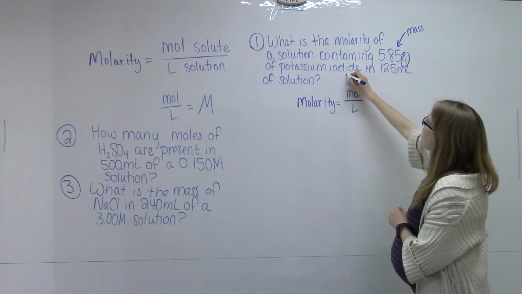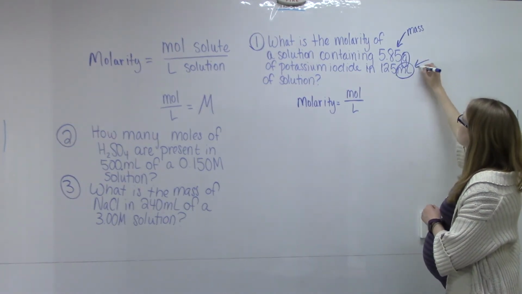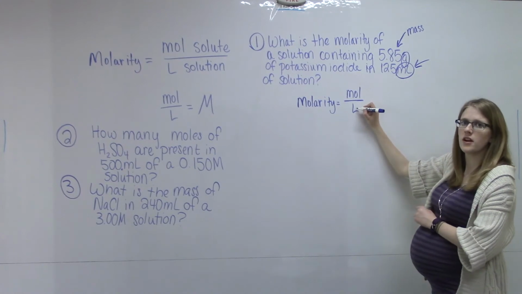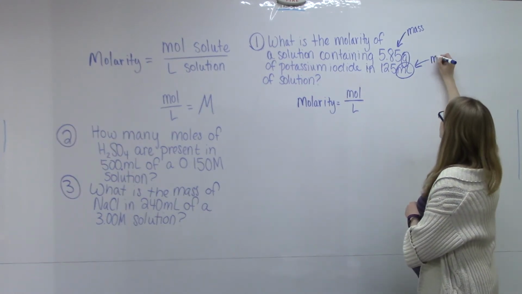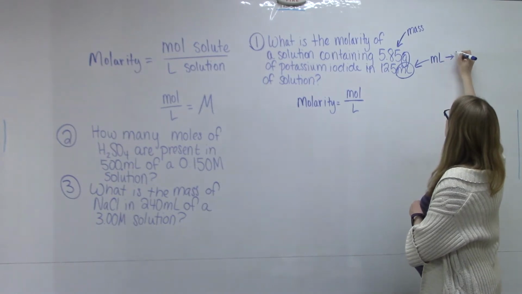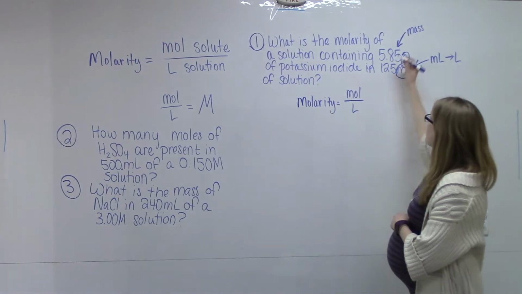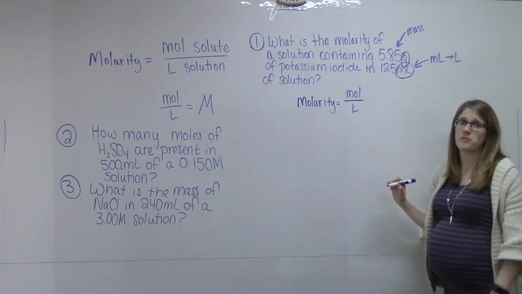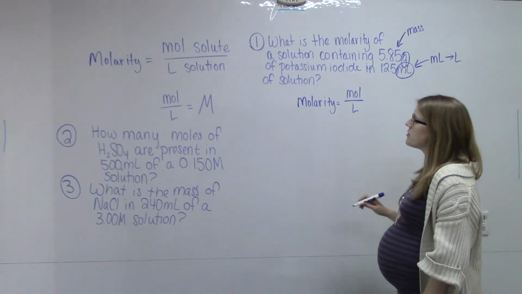Of potassium iodide in 125 mL, there's the unit. Is it liters here? No. We're going to need to convert this from milliliters to liters of solution. So we're trying to find the molarity, and unfortunately, both numbers we've been given don't match the units we need. So before we do anything, we need to do a mole conversion.